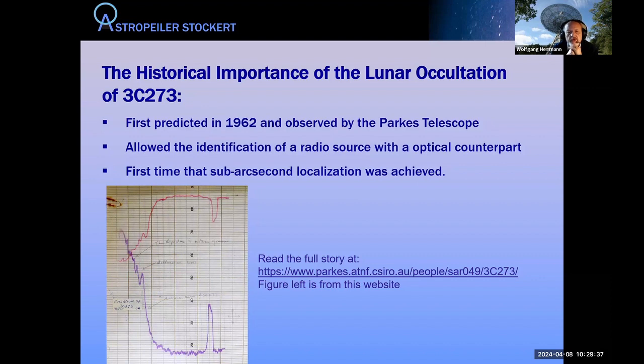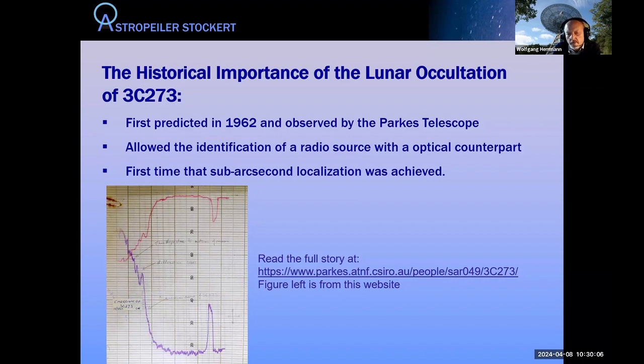And this experiment that was done in 1962, where there was a prediction based on the, let's say, fairly coarse position of 3C 273. There were some calculations being done, and the idea was to observe when that source disappears behind the moon.